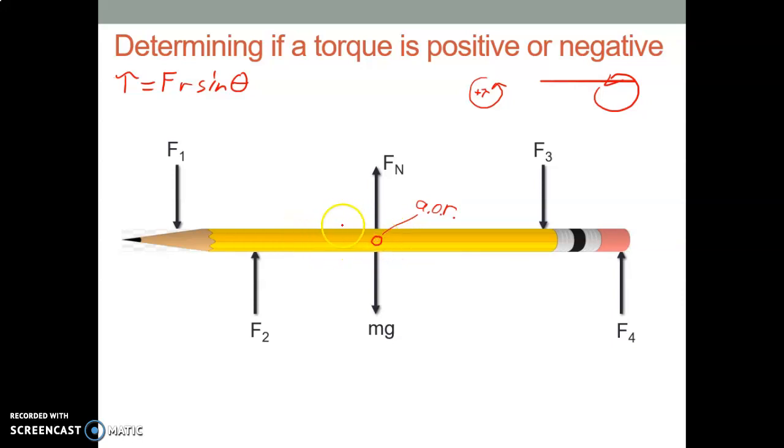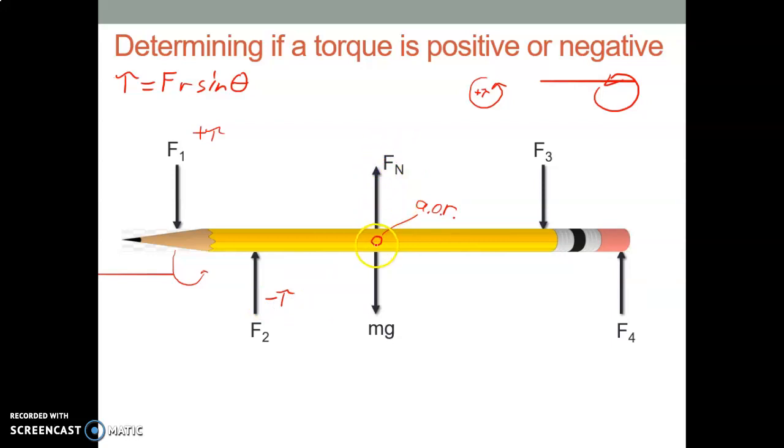And so if we're holding it right here and we push downward at this end, it's going to cause the pencil to move that way, which is a positive rotation. So that'll cause a positive torque. This force F2, when I push on the pencil and I'm holding it still right here, that's going to cause a negative torque.